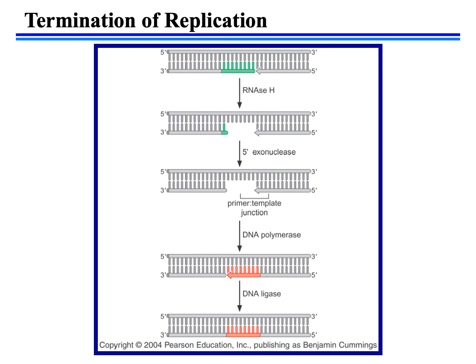There are a series of enzymes that play a role in helping this process along. In this particular slide, you see the enzyme known as RNase H, which recognizes DNA-RNA hybrids and removes the RNA.